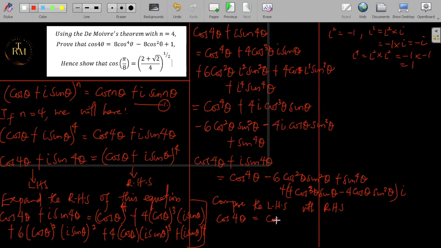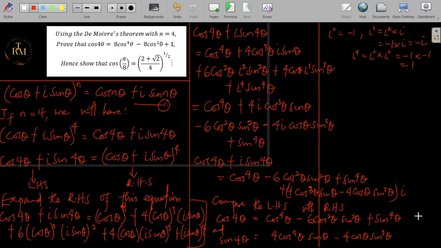And that will be cos to the power of 4θ minus 6 cos squared theta sine squared theta plus sine to the power of 4θ. And my sine 4θ, the one with i on this side, will just be 4 cos cubed theta sine theta minus 4 cos theta sine cubed theta.